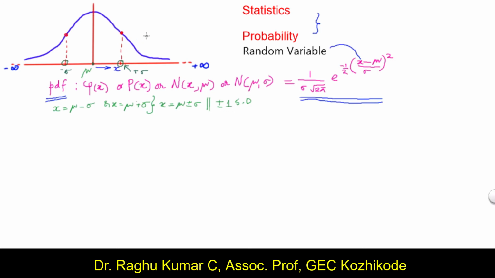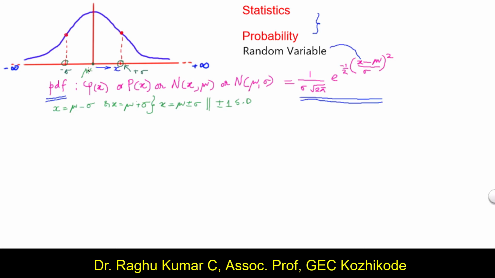And one more thing to be noted is the unit of all these mu, x, sigma given in this particular expression, all the units are same. Suppose you are making an experiment on wave height, each and every observation xi is in meters, and the mean of that also will be in meters, and the standard deviation also will be in meters.